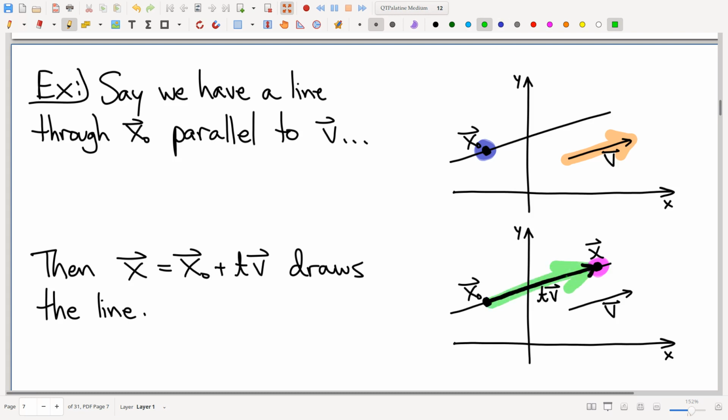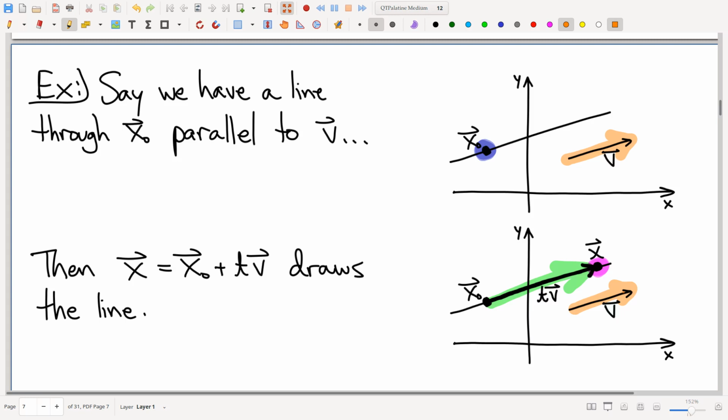x minus x naught is parallel to v. And if it's parallel to v, v being non-zero, then that means it's a scalar multiple of v. I'm going to let that scalar be t. Why not? I get to define t however I want. That's how I choose to define it.